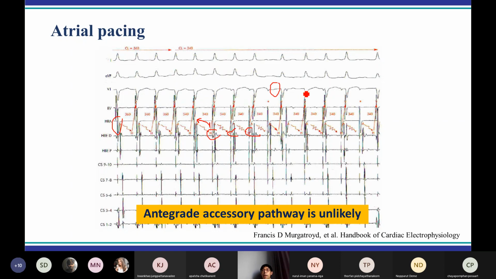We can assume that there is no other accessory pathway connecting the atrium and ventricle. So an accessory pathway is unlikely to be in this patient. Do you have any questions about this?